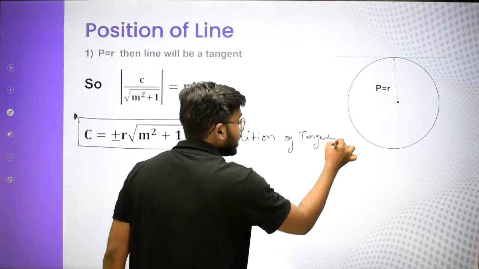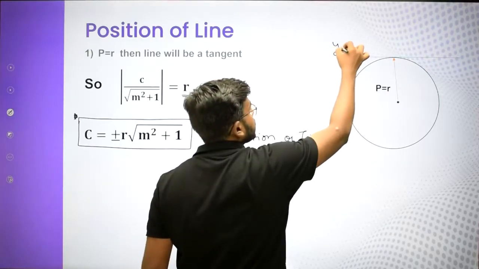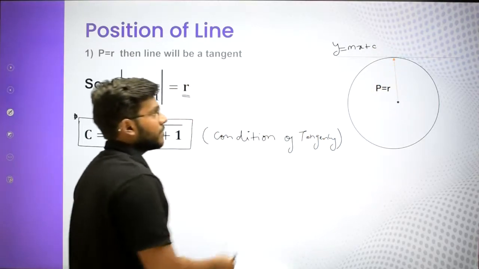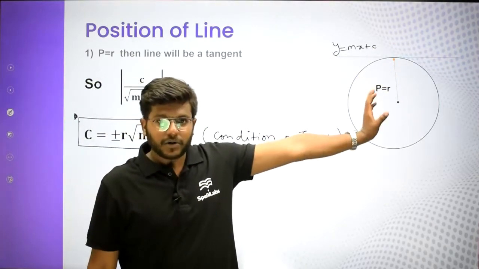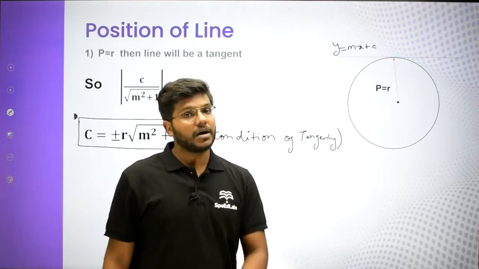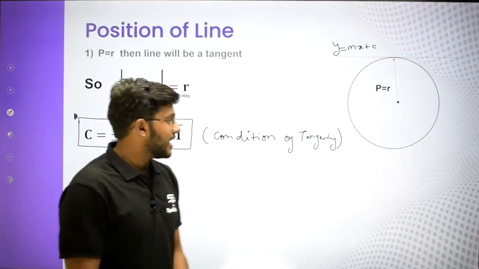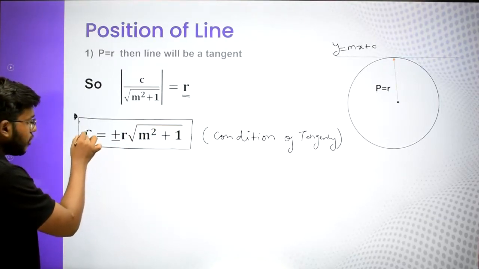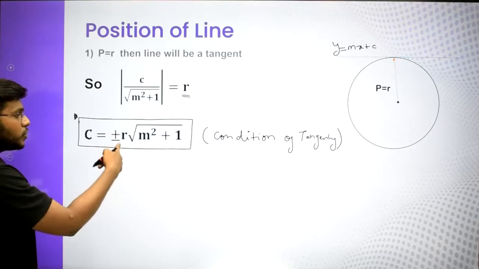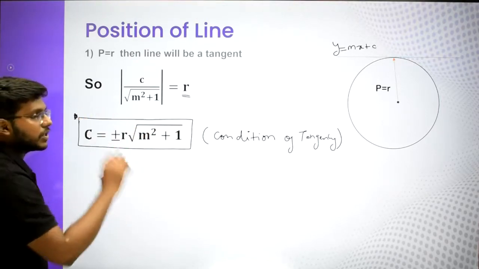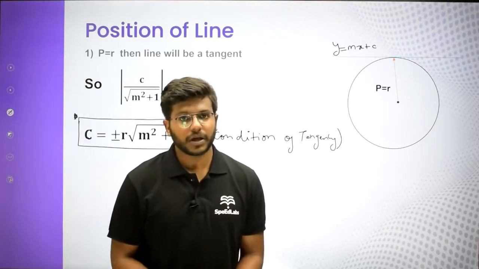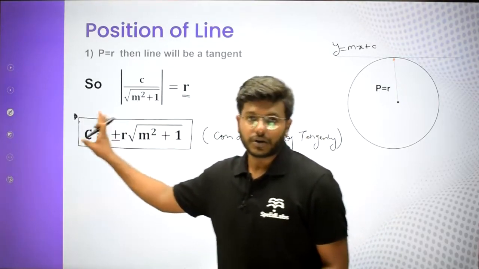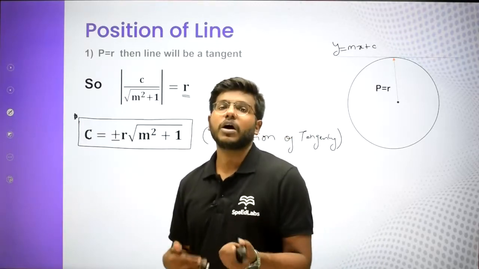We'll say that if we have the equation of a line as y equal to mx plus c, then this particular line will become a tangent to my circle x square plus y square equal to r square if the constant c becomes equal to plus minus r into under root of 1 plus m square. This concept is very easy, but you have to memorize this formula, guys. You can say it's a formula or a relation.